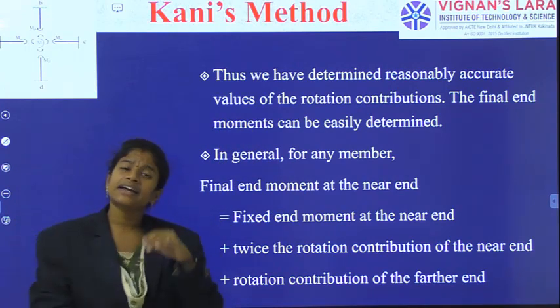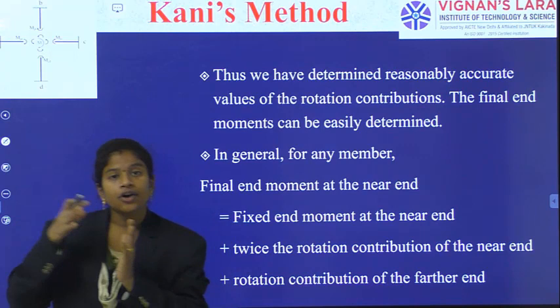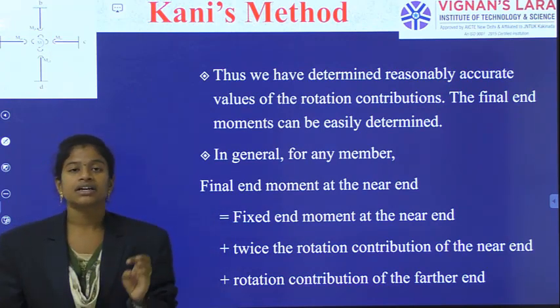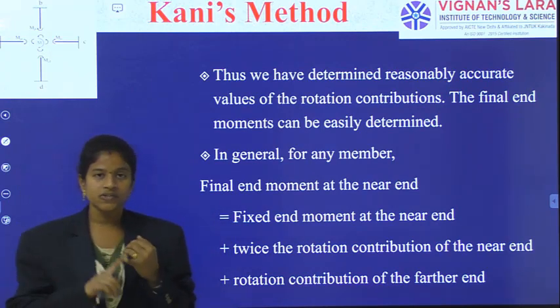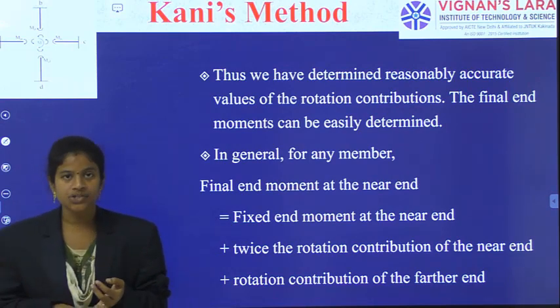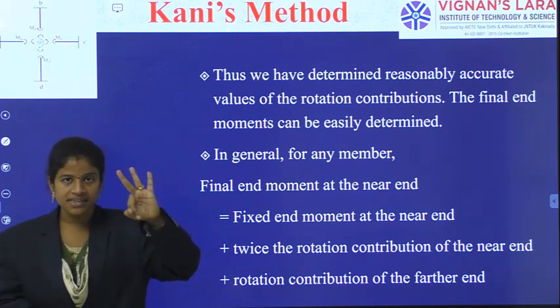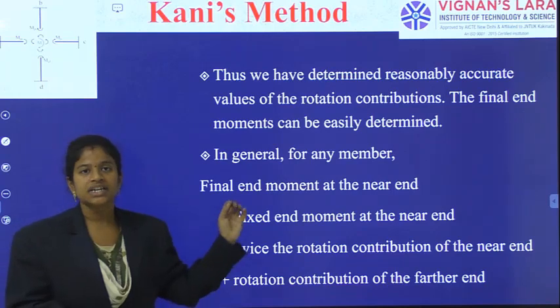Okay, how can we calculate the final end moments? In our method of Kani, right from the start we have given the support moment calculation using the fixed end moments, near end contribution and far end contribution. Using these 3 terms, you can calculate the original support moments.